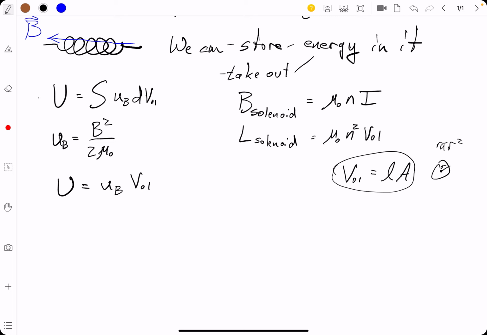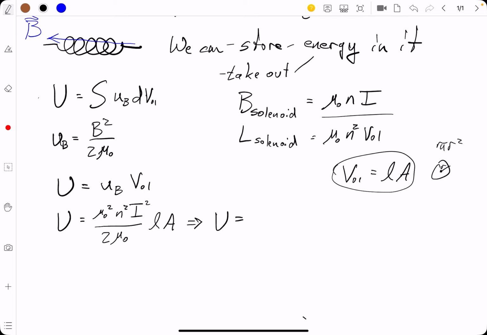So let's insert these things. We've got our big U. We wrote down what B was here, so we've got B squared: mu naught squared, N squared, I squared, divided by 2 mu naught, and then multiplied by our volume, which is LA. So what is that going to give us?